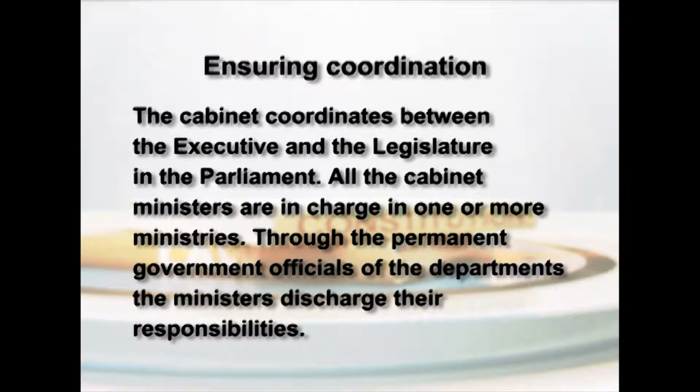All the cabinet ministers are in charge of one department, and through the permanent government officials of the departments, the ministers discharge their responsibilities. Such a situation demands coordination amongst the various departments of the government. The cabinet helps in ensuring the coordination of the various departments for the smooth functioning of the government.